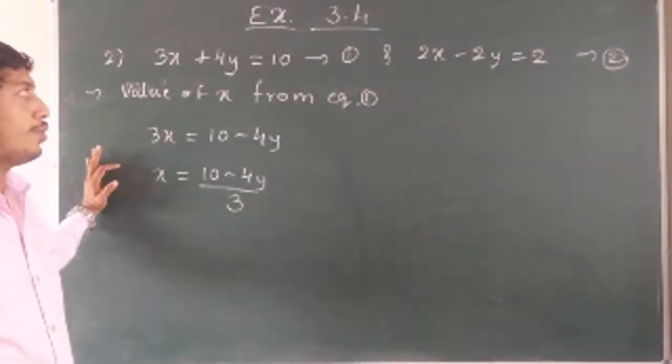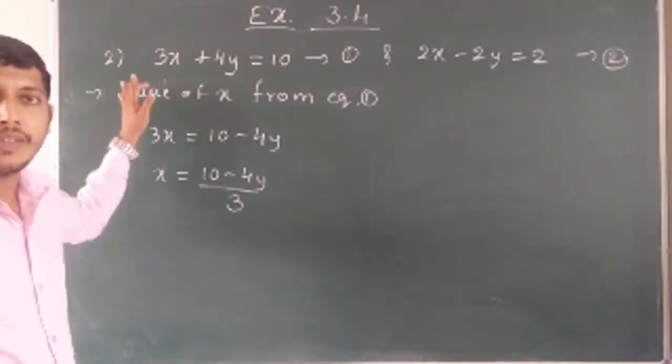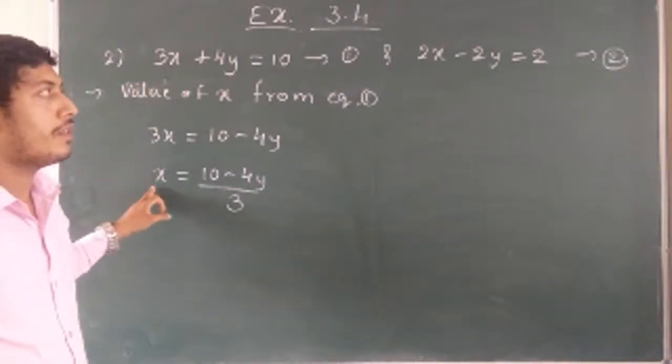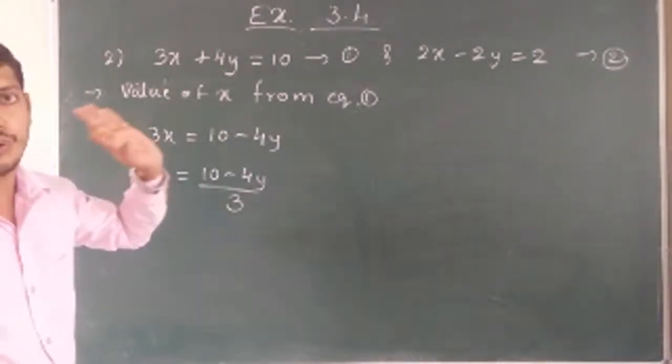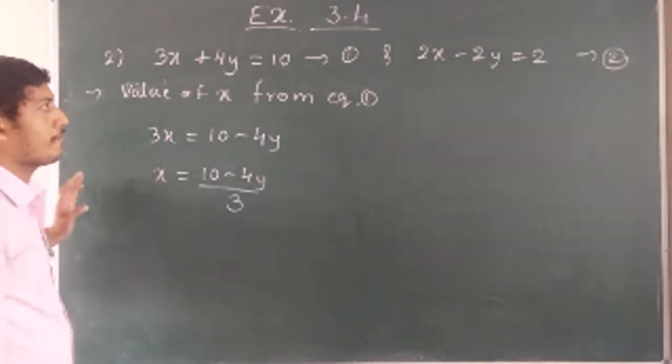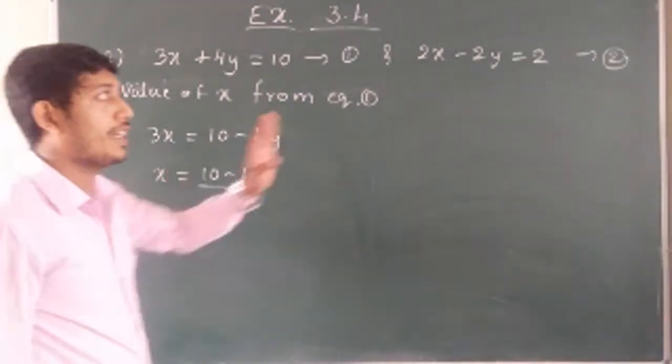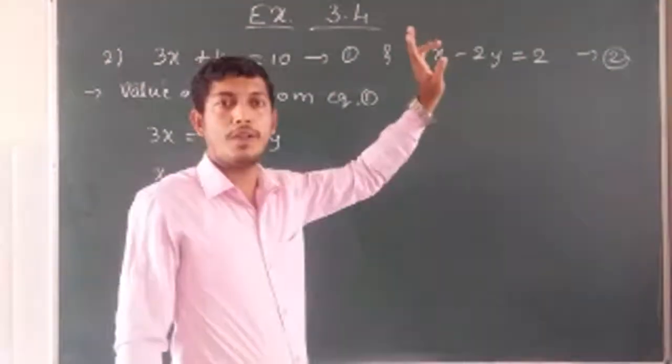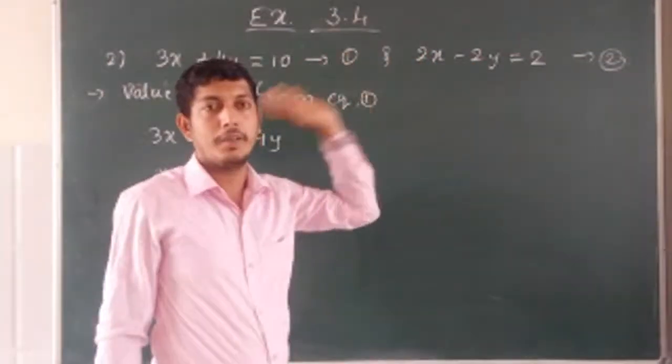Now I will substitute this value of x, which I got from equation 1, in equation 2. Or we can divide equation 2 by 2 because 2 is a common term here. So I will do that step.